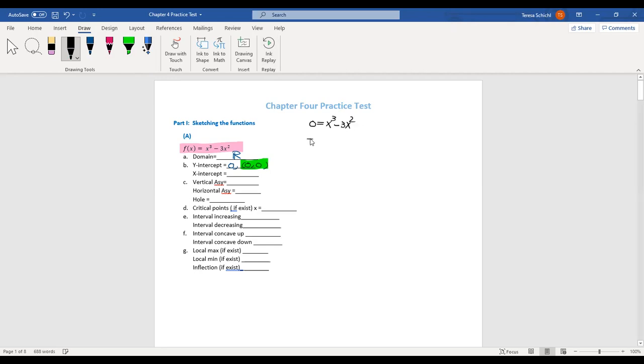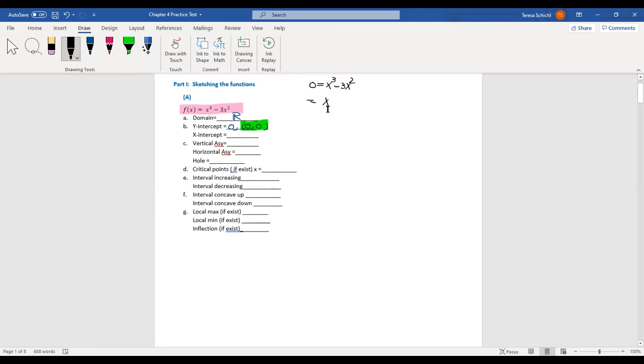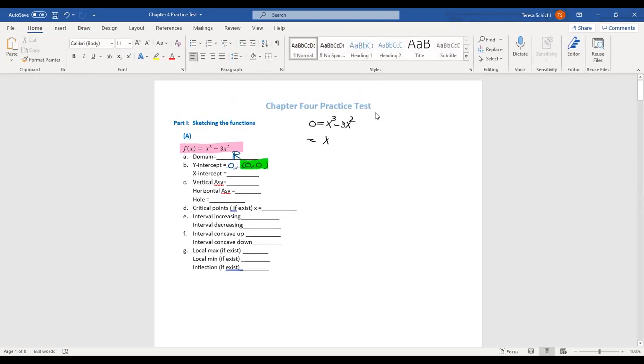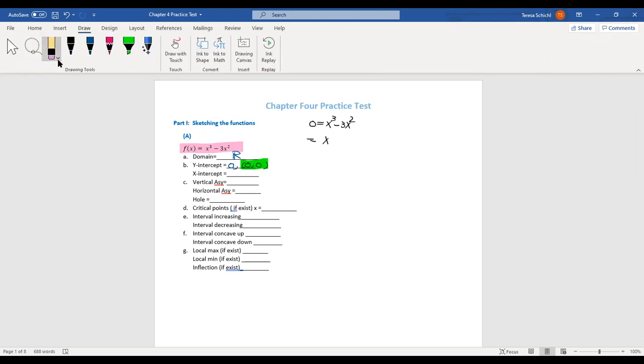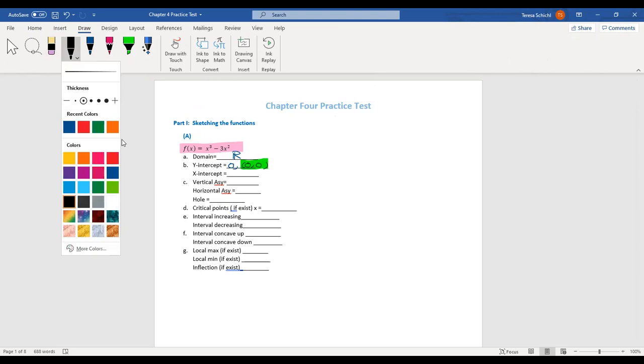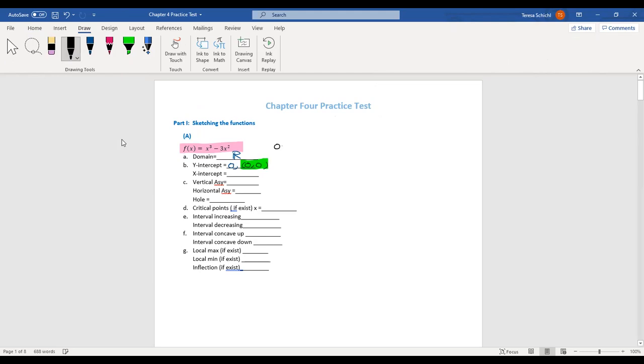We can factor the x squared out, so this would be x squared times x minus 3.